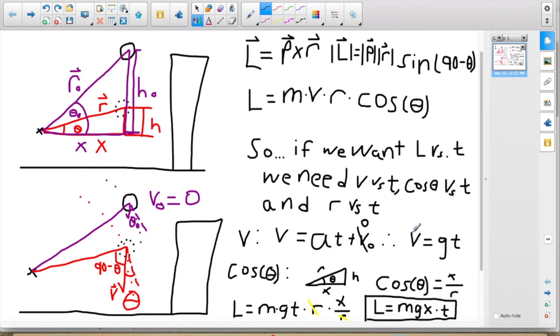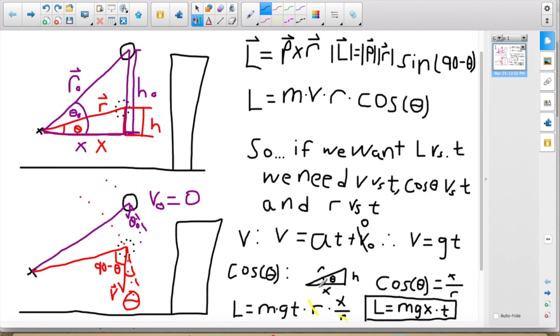So that simplifies to v equals g, the acceleration due to gravity, times time. So I'll just leave that as a constant g for now. But you guys know that on Earth that's equal to 9.8 meters per second squared, or about 10 meters per second squared.